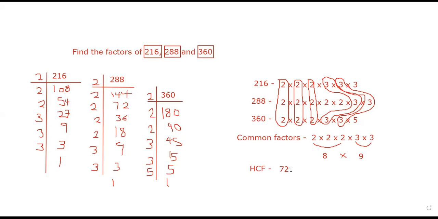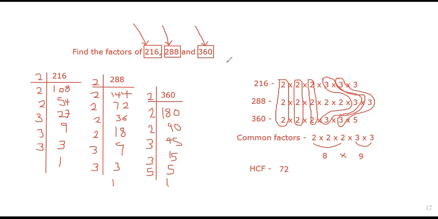So therefore 72 is the highest common factor. Now, 72 actually means, in a common sense, that 72 will divide 216 equally without a remainder, and will also divide 288 without a remainder, and at the same time divide 360 without a remainder. So 72 remains the highest factor of these three numbers.